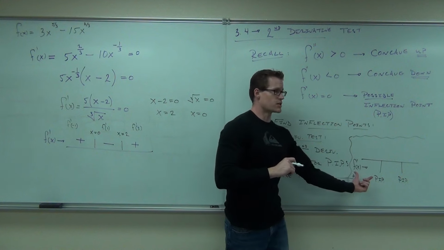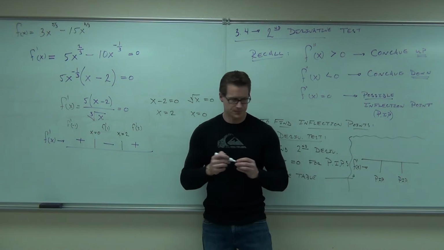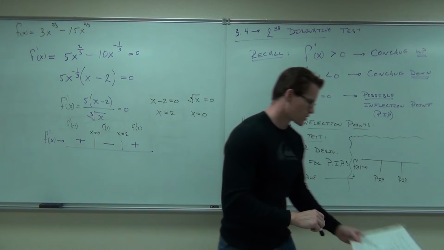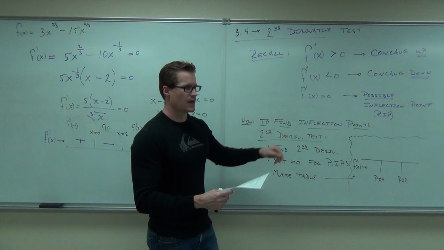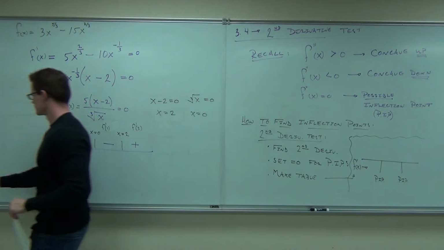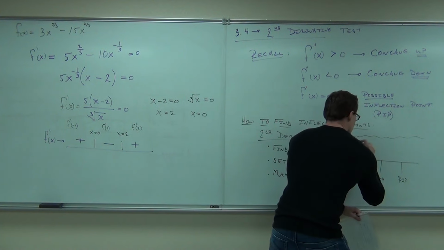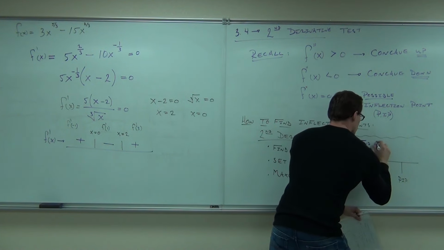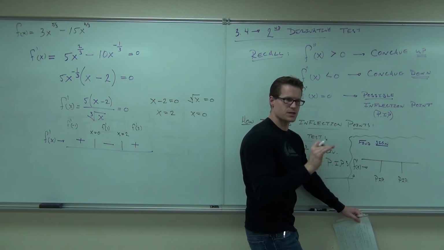This is the second derivative test, right? We better use the second derivative because that's what's going to tell us the concavity. So we're going to find the sign of each interval by using f double prime of x. I'll write that out for you. Find the sign. I don't care about the value, but the sign is important.